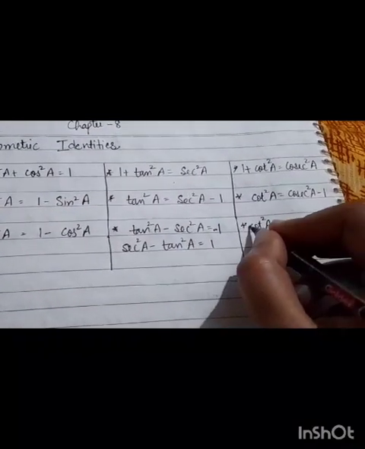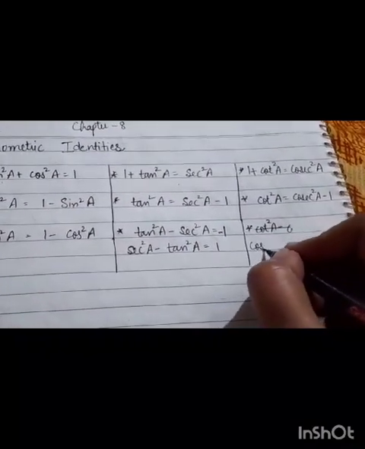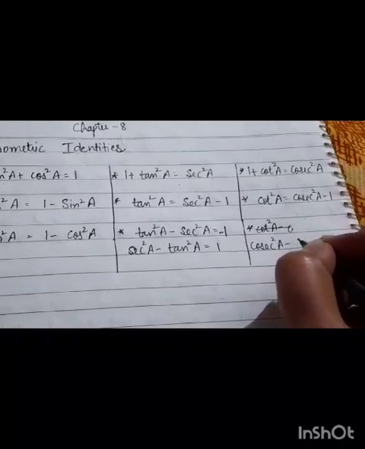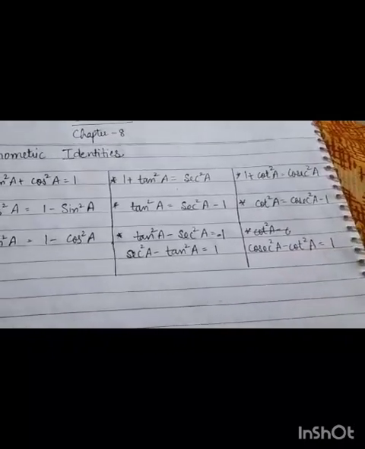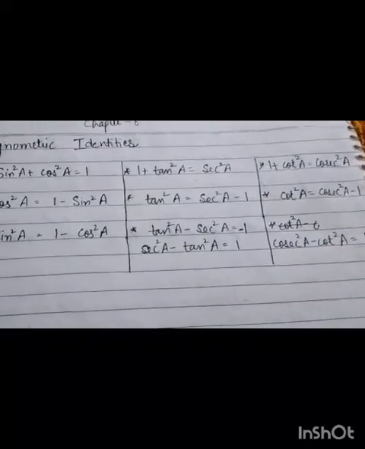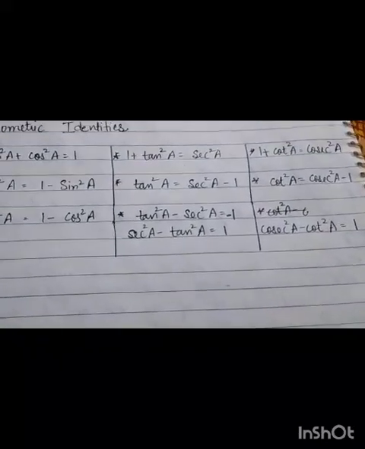Also, cosecant square A minus cot square A is 1. So by memorizing only the three identities, we can learn 9 identities. We just have to remember the first 3 identities.